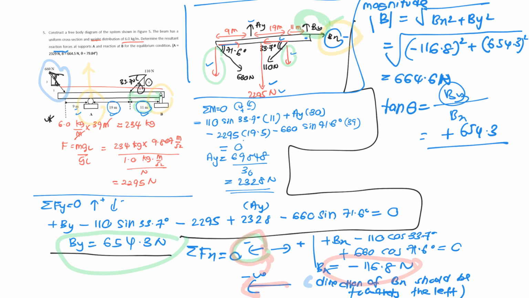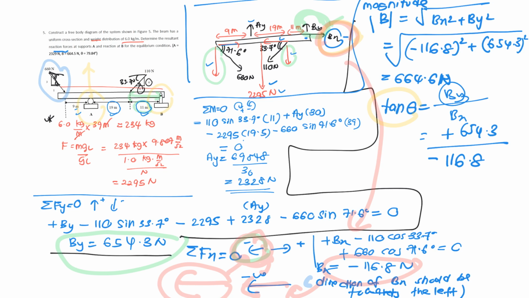My BX, I assume to the right, but I get my answer negative, which means wrong. So my true direction is going to be to the left. I put here my sign, left is negative, so that's the reason why here I need to put negative 116.8.